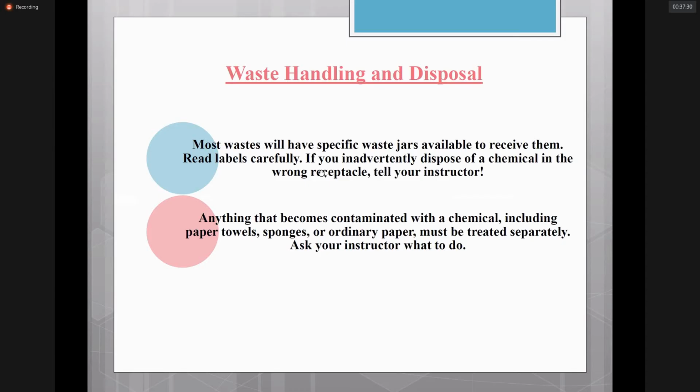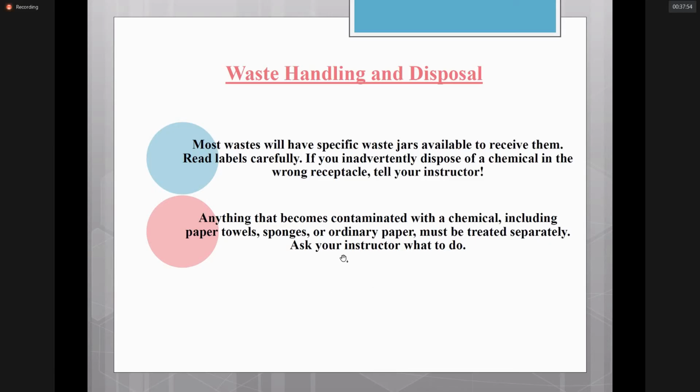Most waste will have a specific waste jar. Again, there is a container or can for trash, for food and drink, for glassware, for paper. Just be aware of these waste containers in our lab.